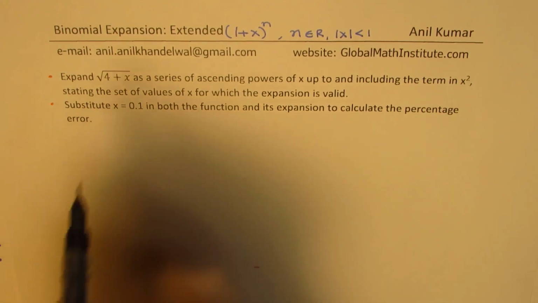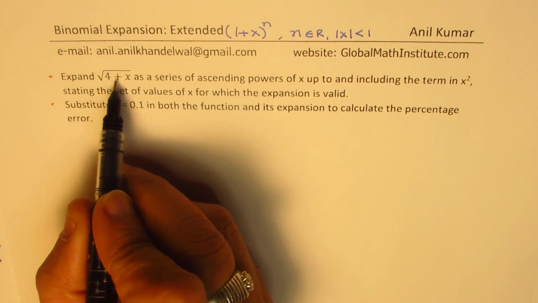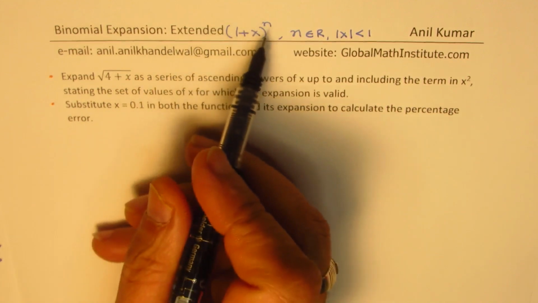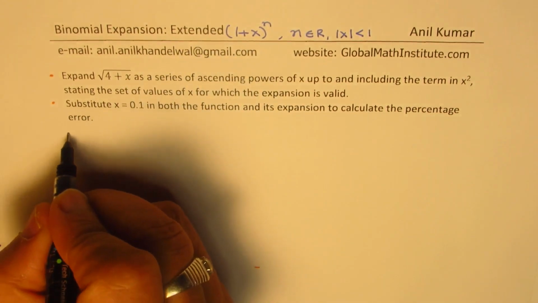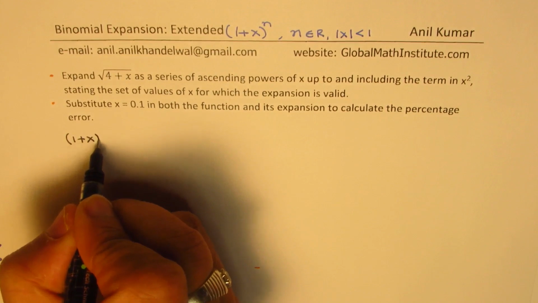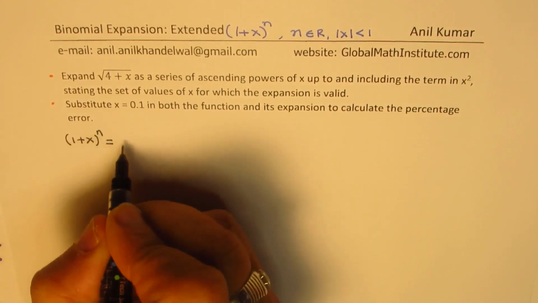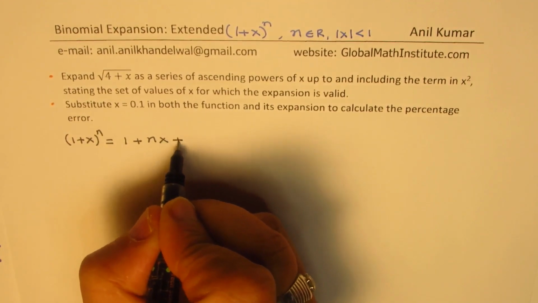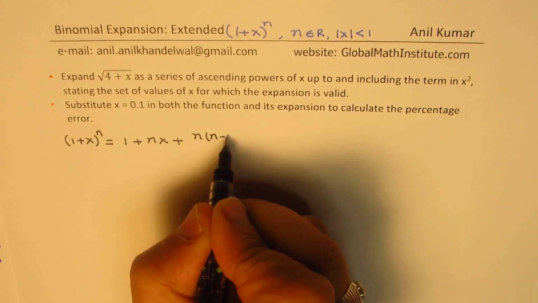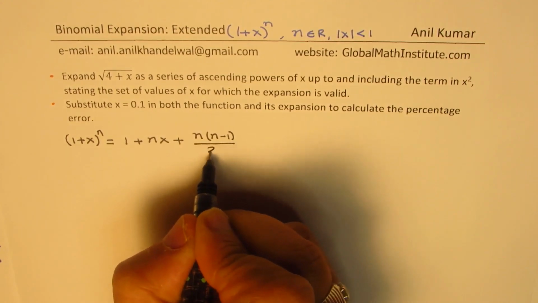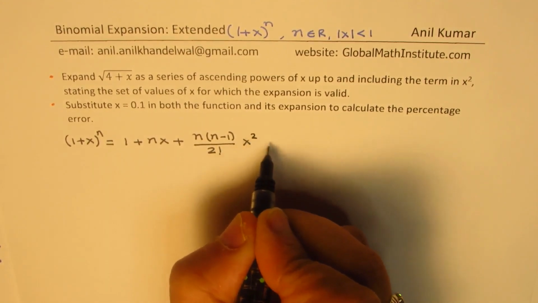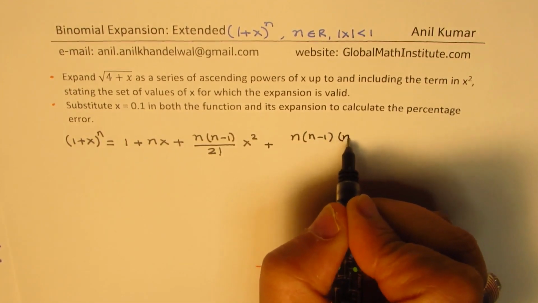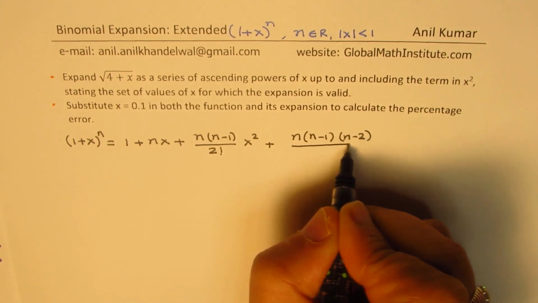Okay, so let's begin by stating that 4 plus x should also be written in 1 plus x form, right? Only then we can expand. So let's recall that 1 plus x to the power of n can be written as 1 plus n times x plus n times n minus 1 over 2 factorial x squared plus n times n minus 1 times n minus 2 over 3 factorial.